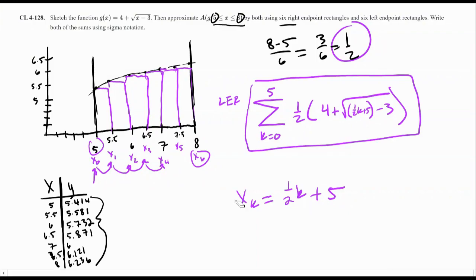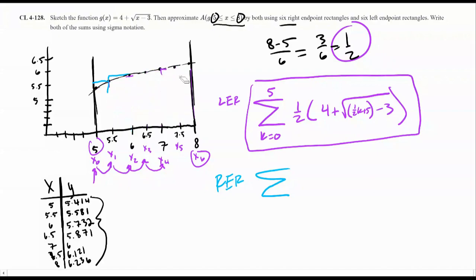For right endpoint, everything else stays exactly the same, except I'm no longer starting at x sub 0. When I create these rectangles, I should get rid of all the purple ones, which will make it less confusing. I'm using my right side, meaning I'm only using the heights from the right, so that does not use x sub 0.